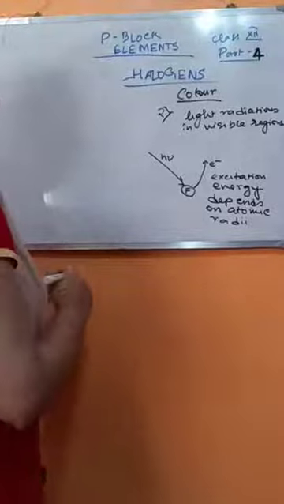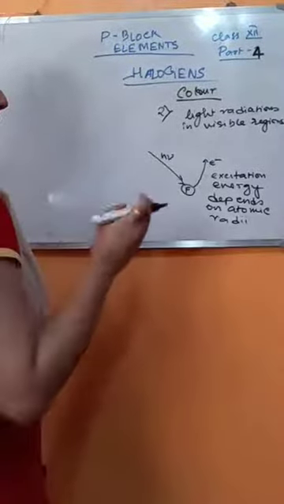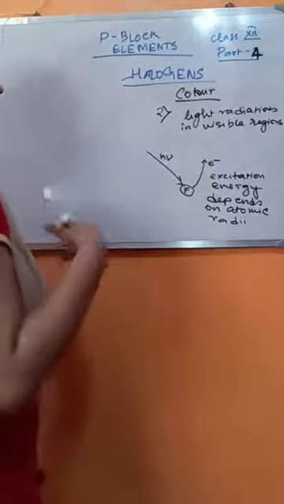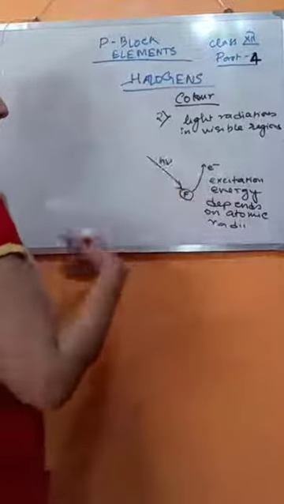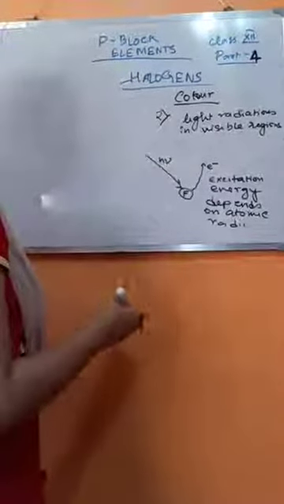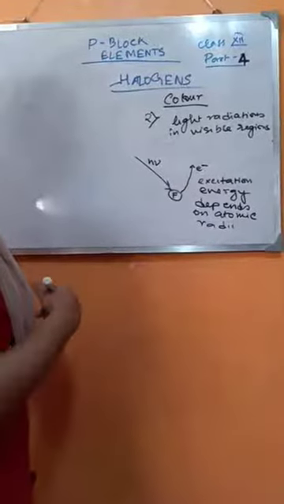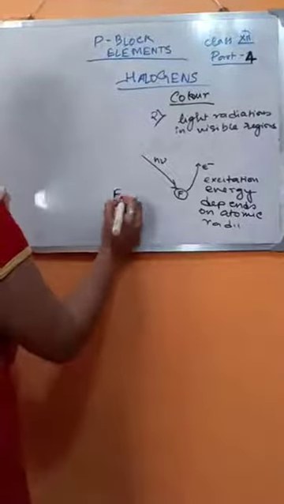And remember another thing, that is, if an element is absorbing a color, it will not transmit the same color. It will transmit its complementary color. And transmit means that is the color of that element itself.